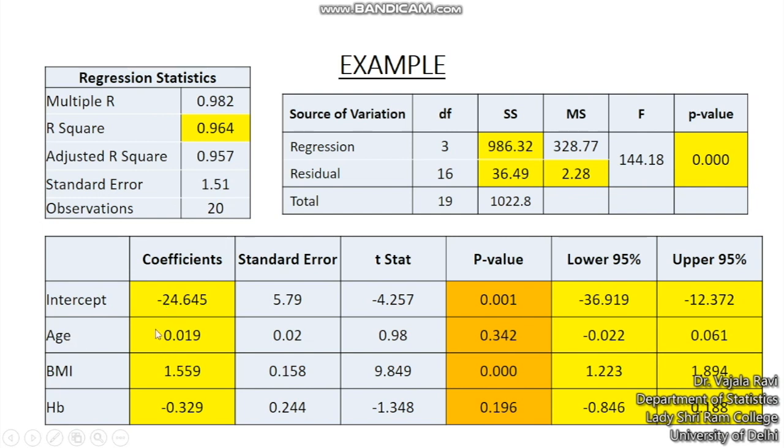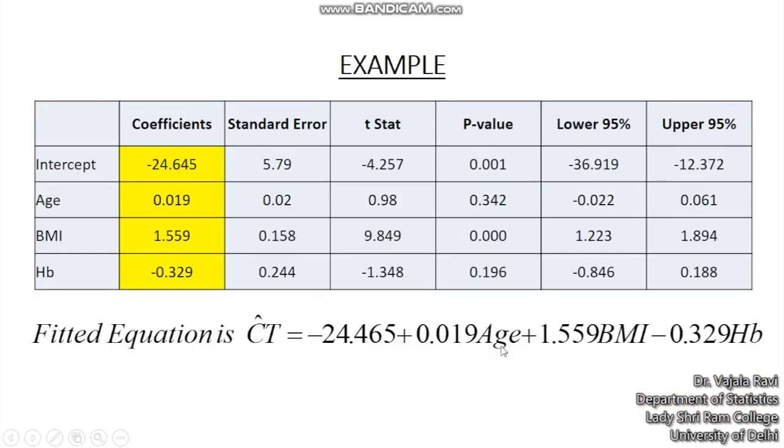The age, which earlier was coming out to be a significant predictor of the CT severity score, is no more a significant predictor because the p-value makes its contribution as insignificant. The BMI has a significant contribution. So if you have a higher value of BMI, if you are moving from normal to obese and fat, then you are likely to have a more severe CT score. The hemoglobin, though it has a negative impact, the impact is almost negligible. Right?